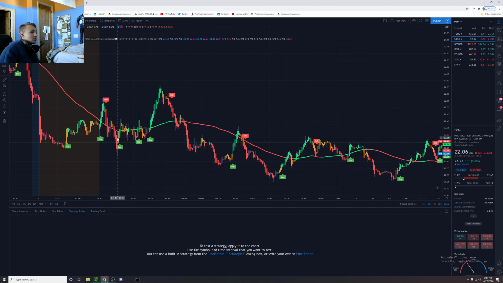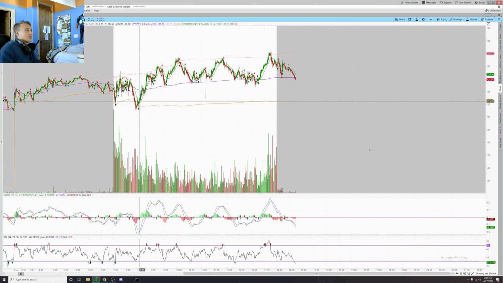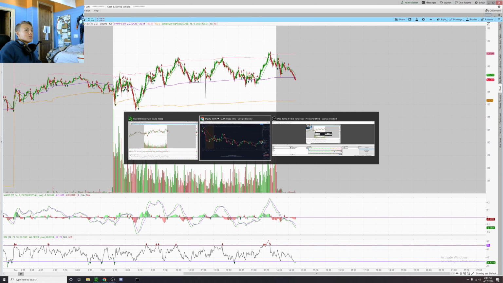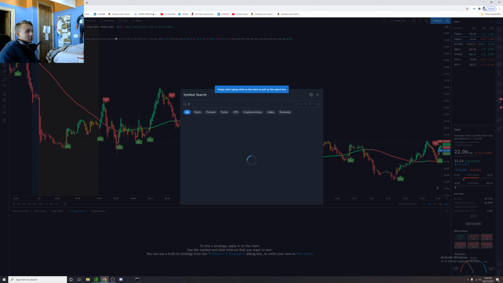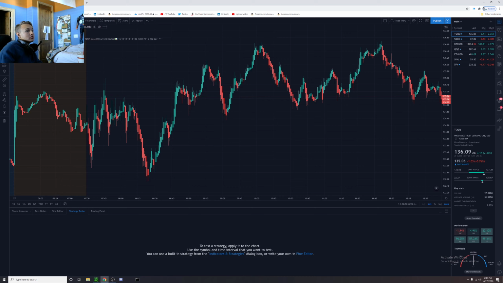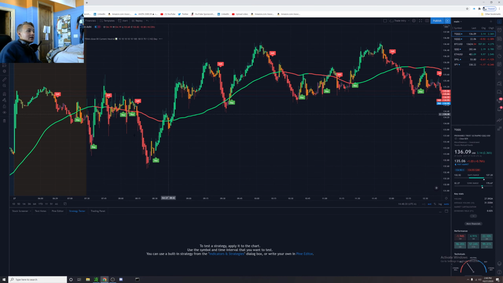All right, so when did I buy? Wait, UTC 6? Okay. So we bought around 8:30 our time, my time. And then if we go around 8:30, wait, we're on SQQ. Sorry. If we went around 8:30, you can see that there's another buy signal, except we bought at 8:32.